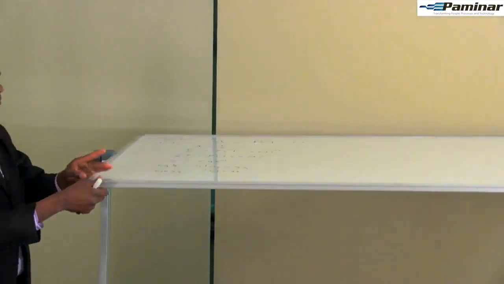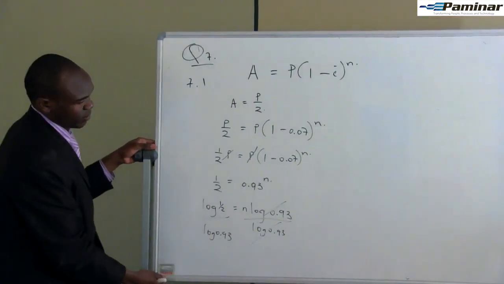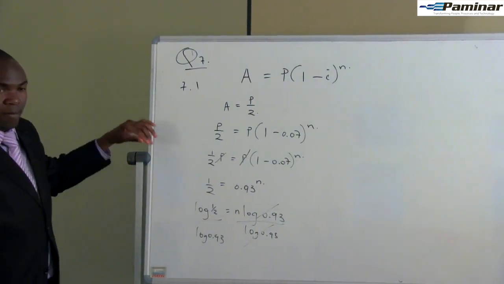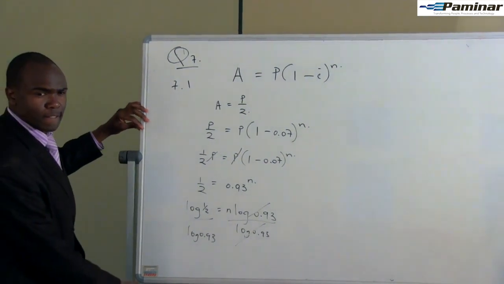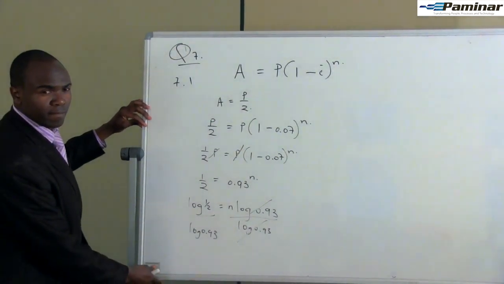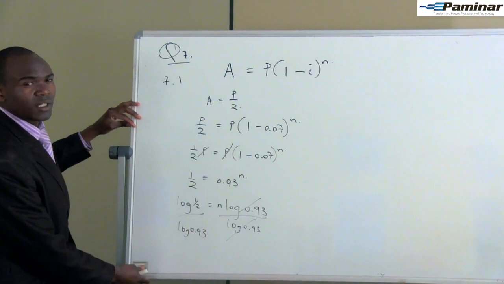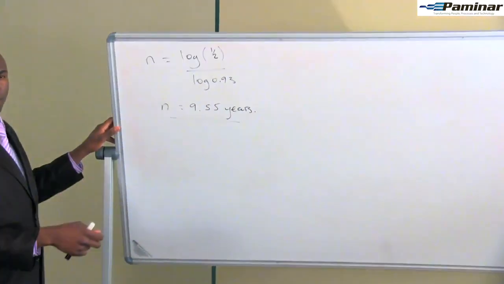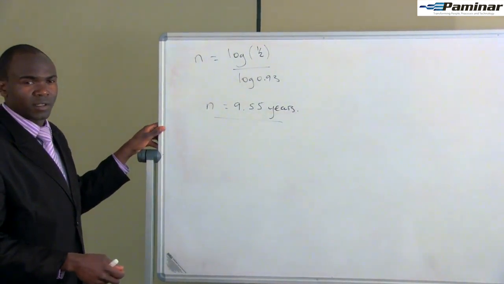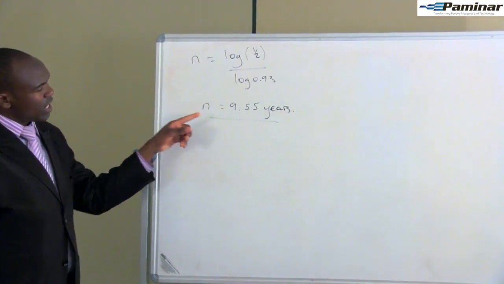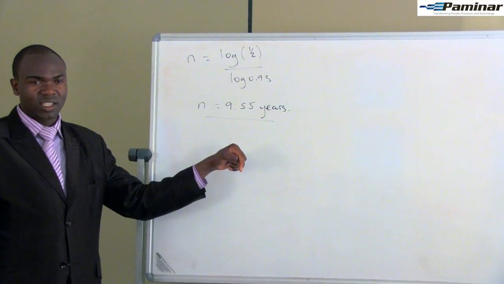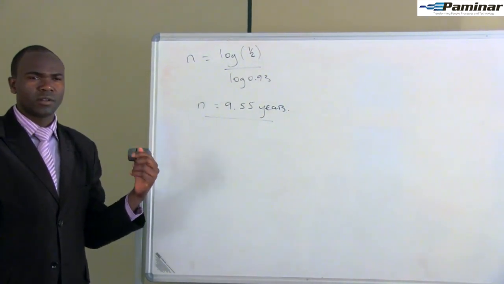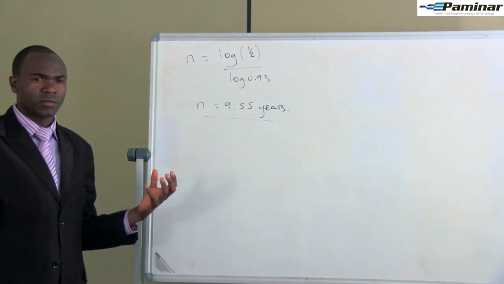Do we not have to convert 9.55 into years and months? Take the 0.55 and multiply it by 12, so it becomes a different thing.